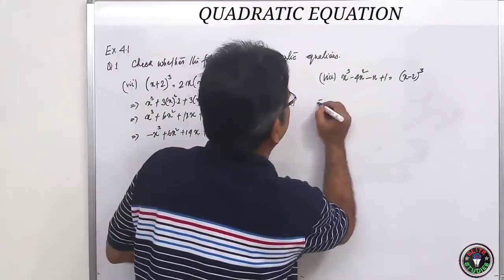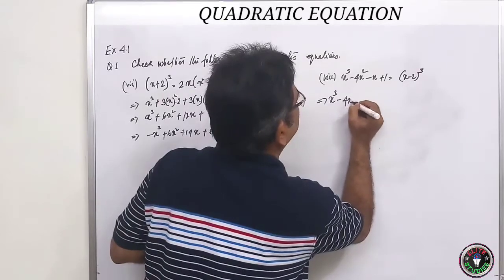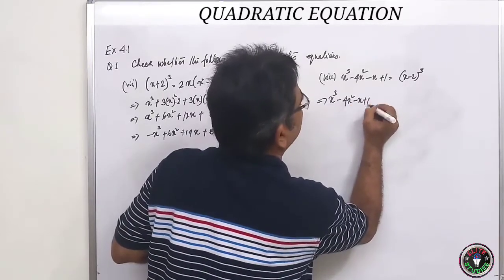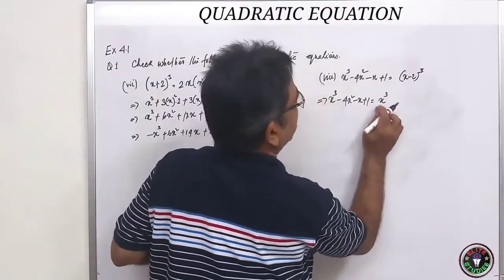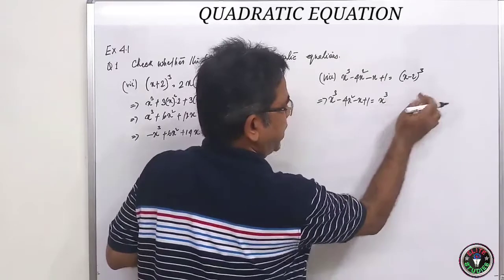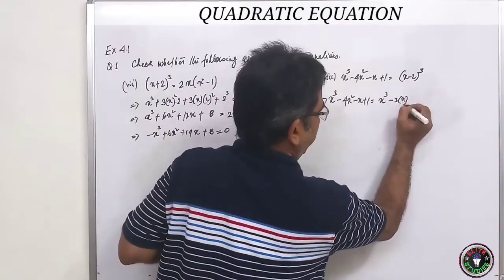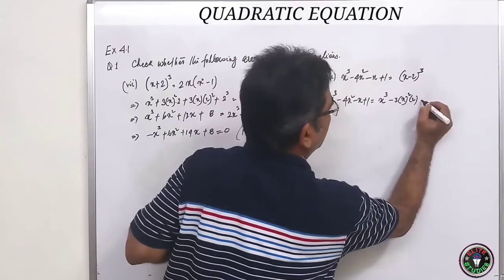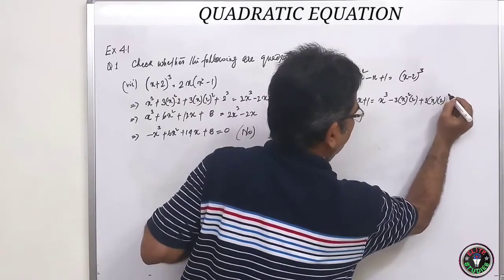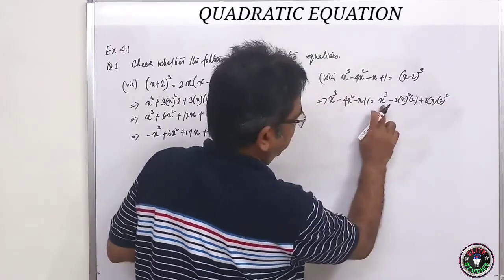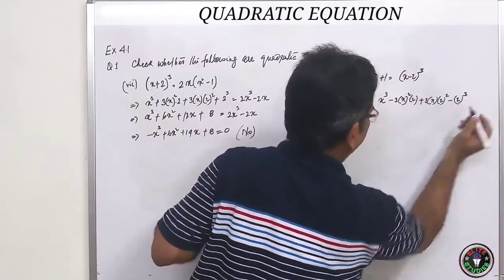Now, x cube minus 4x square minus x plus 1 equals (x - 2) cube. Open it, it will be x cube, in this case plus minus trick, since it is minus, so it is minus 3x square into 2, then plus 3x into 2 square, that is 12x, then minus 2 cube.